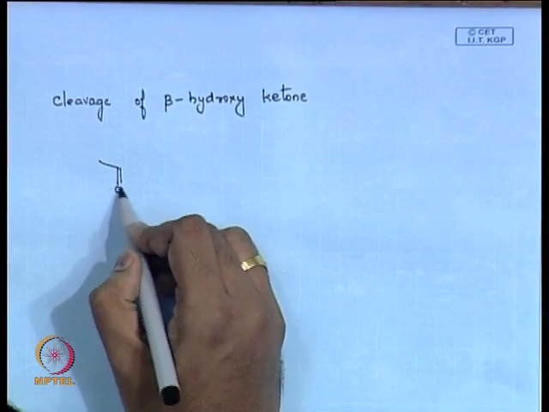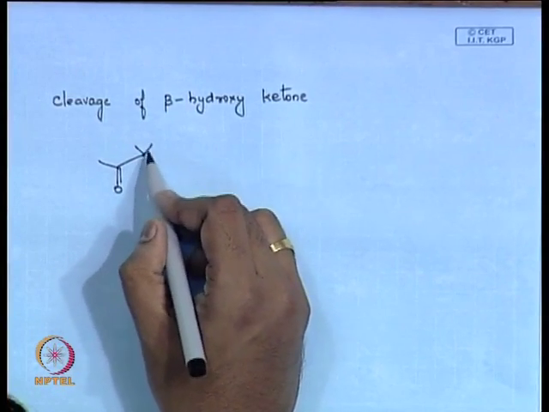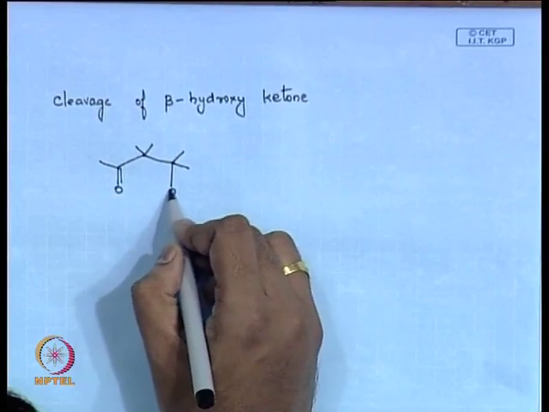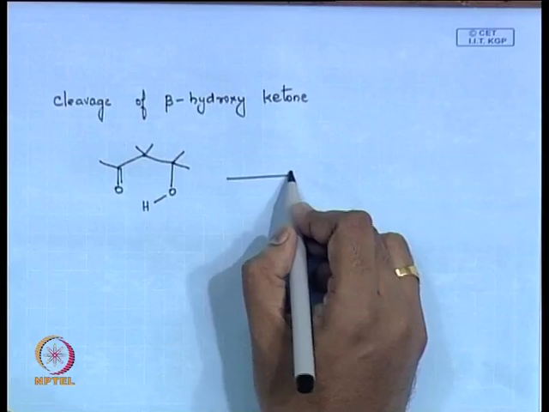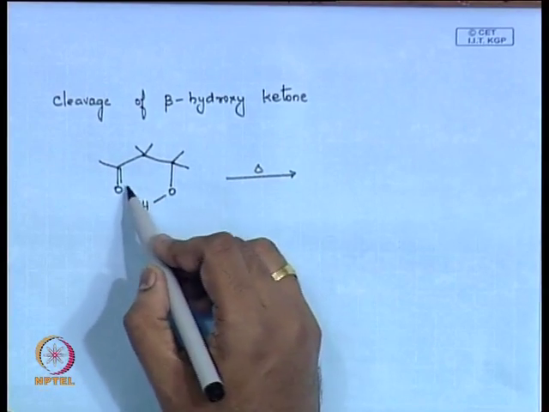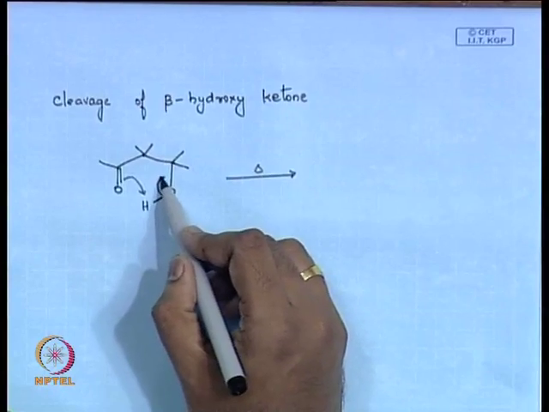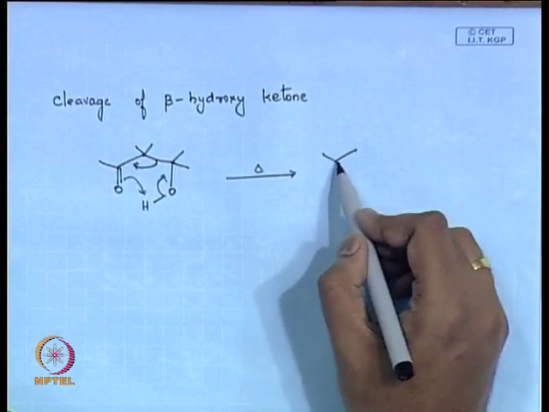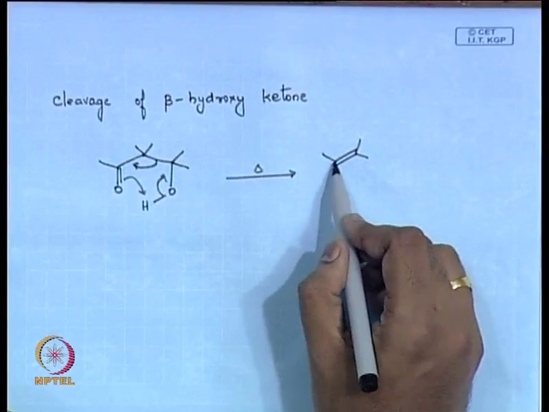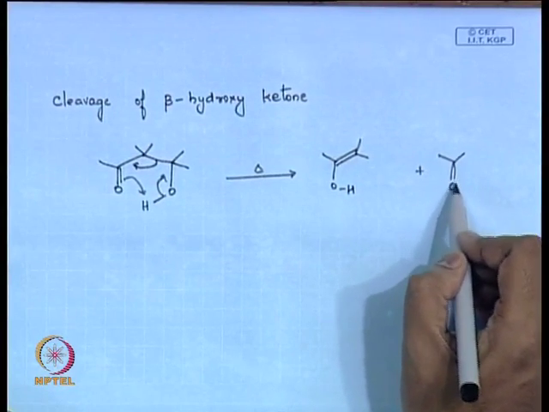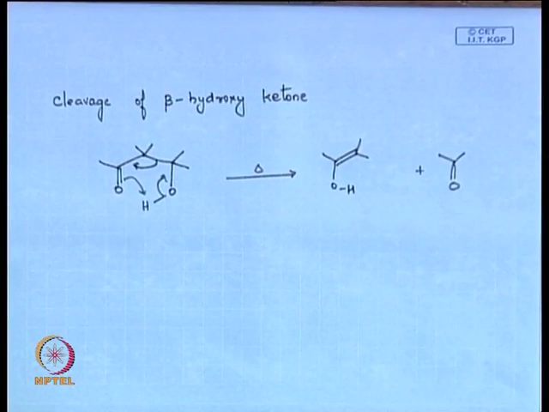So, I can have a beta hydroxy ketone and if you heat this reaction, same way, you end up with an allyl alcohol, vinyl alcohol plus your ketone. So, these are very nice reactions of your retro-ene.